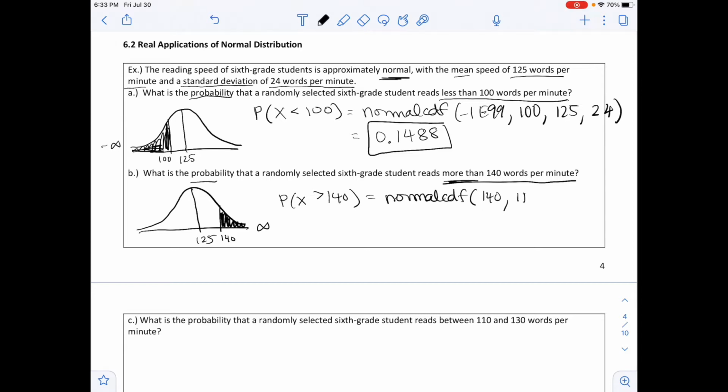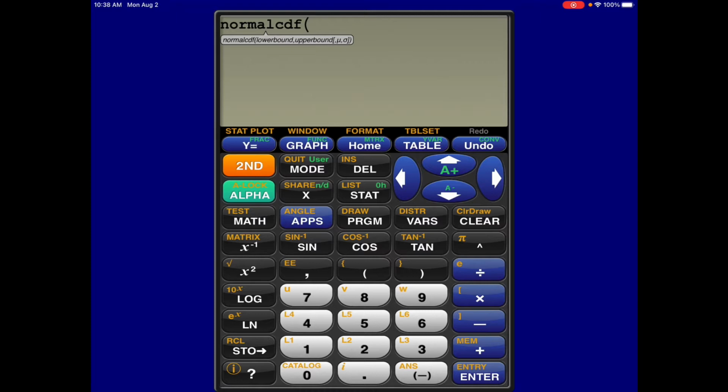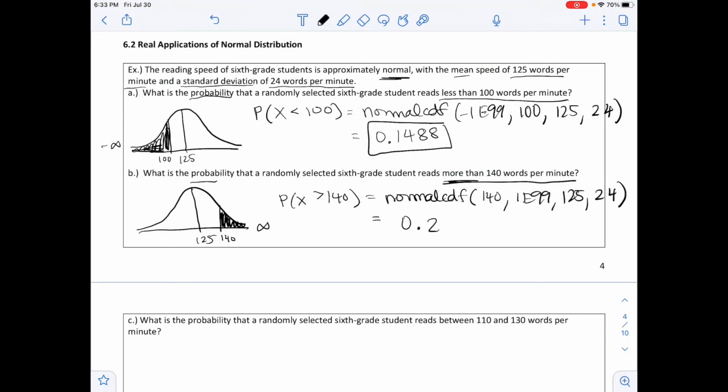Upper bound goes on to infinity, or 1e99, comma, the mean, 125, standard deviation. Go to second, VARS, go to normal CDF, lower bound is 140, comma, 1e99, comma, 125 for our mean and 24 for our standard deviation. Close your parenthesis, select enter, and we get our probability. From the calculator, we get 0.2660.